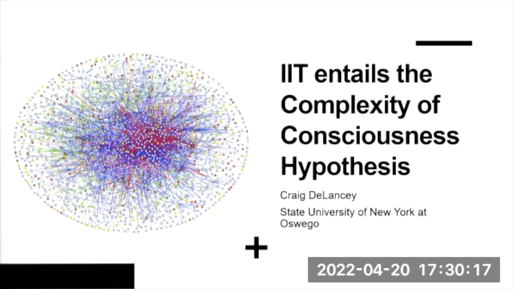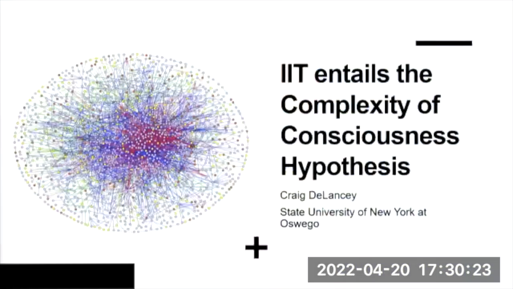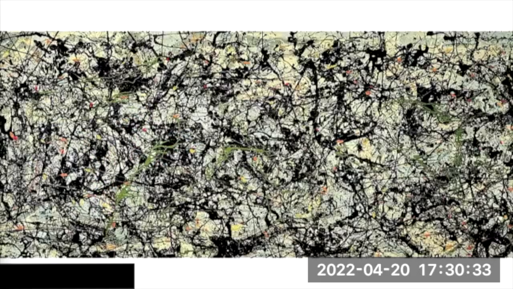And I think it's interesting to see that this one theory is able to assess and make use of this set of tools. So briefly, let me tell you what the complexity of consciousness hypothesis is and its implications. It's useful to start, I think, with a thought experiment, which makes the underlying motivation really quite simple and clear.